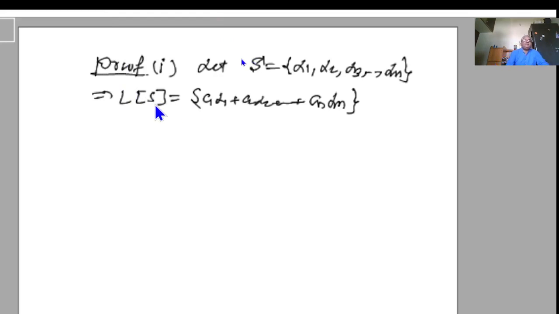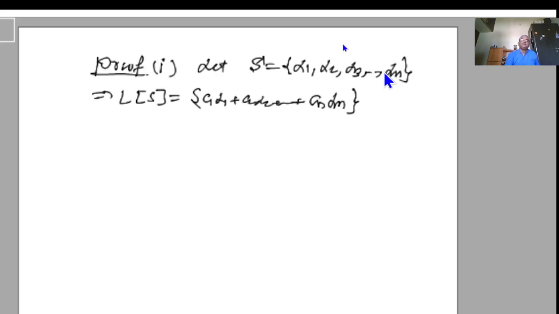The first condition is, if alpha and beta belong to L of S, we have to prove that alpha plus beta also belongs to L of S. This is the first condition. And the second condition is, if C belongs to F and alpha belongs to L of S, we have to prove that C into alpha also belongs to L of S. And here, an element belongs to L of S means it is nothing but a linear combination of the elements of S. Okay.